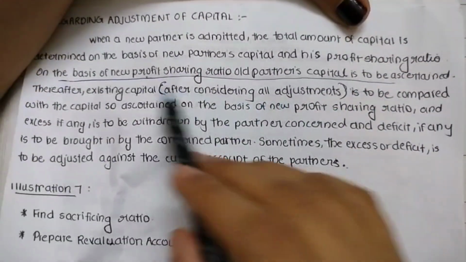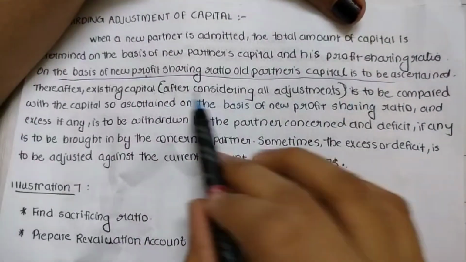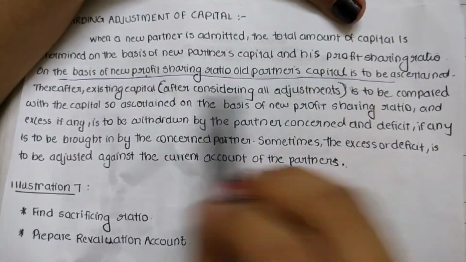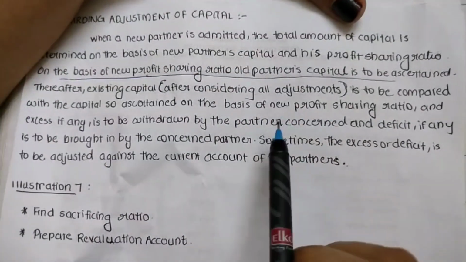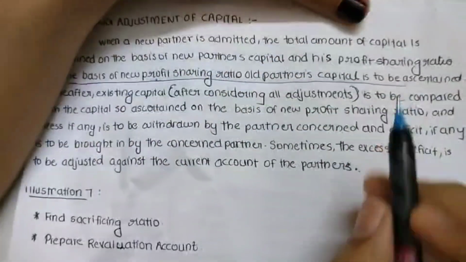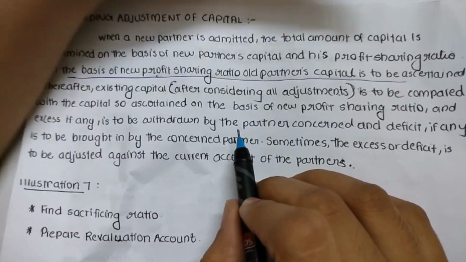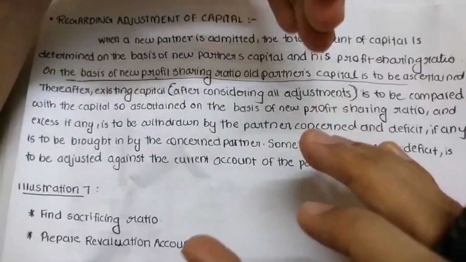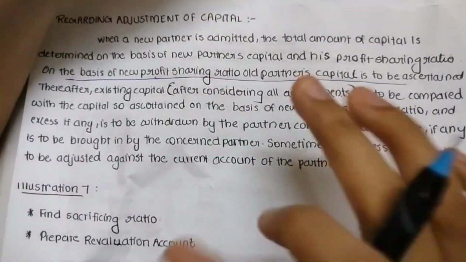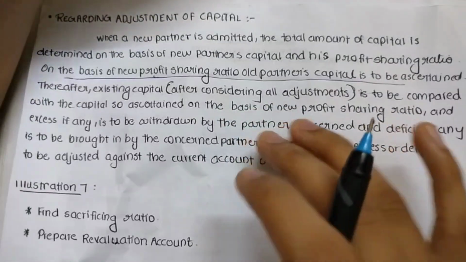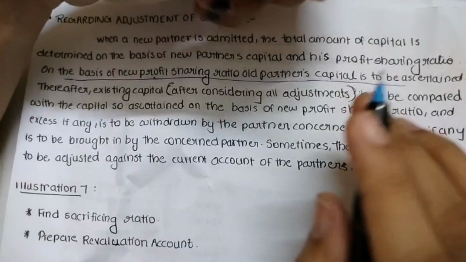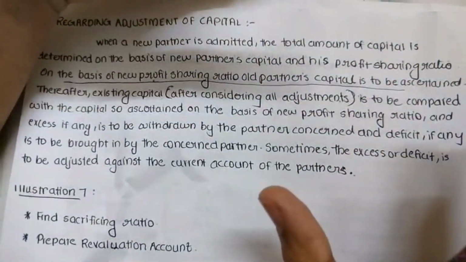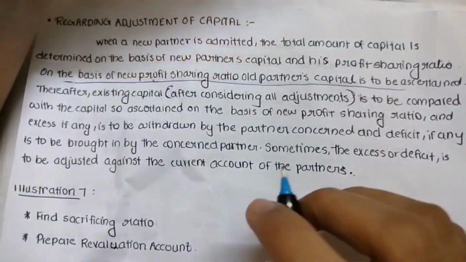Now let's read further. The existing capital after considering all adjustments is to be compared with the capital so ascertained on the basis of the new profit sharing ratio. When we prepare a capital account, usually at the end we get the balance carried down as a balancing figure, right? But in this type of question, we have to find the closing balance, that is the balance carried down, in a separate working note, and then write it in the capital account.